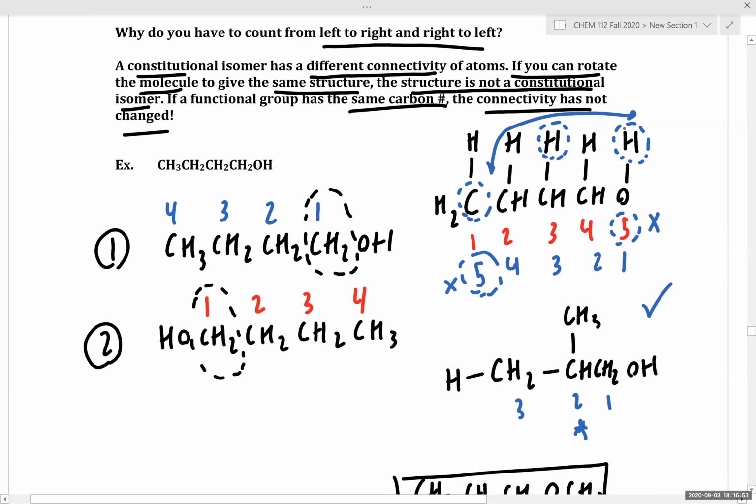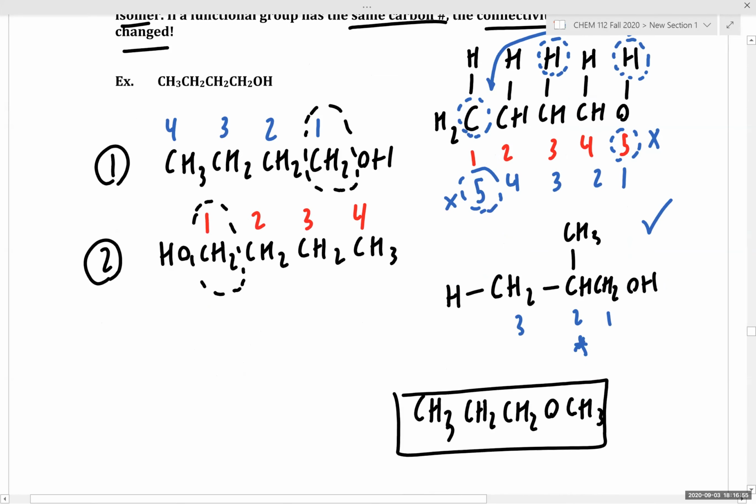Now, this is just a method of approximation. I do want you to be familiar with numbering your carbons because that will tell you immediately whether your structures are constitutional isomers or in fact identical.